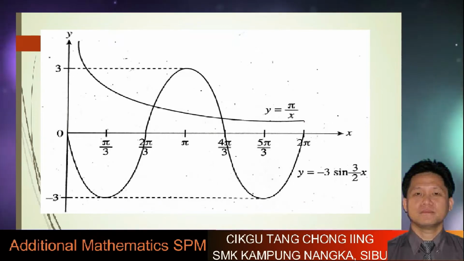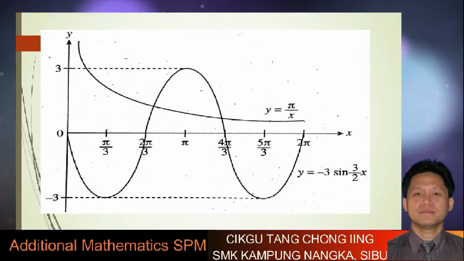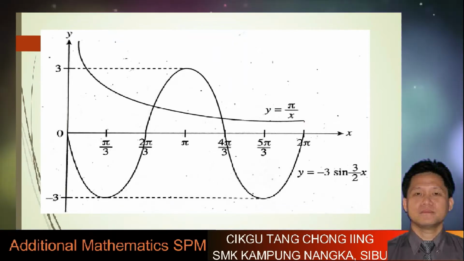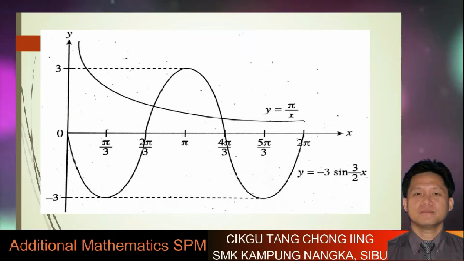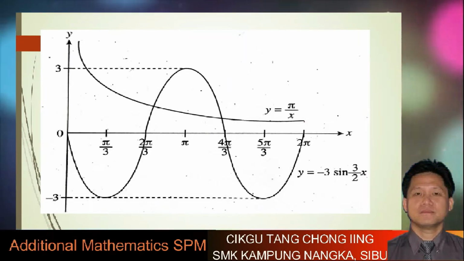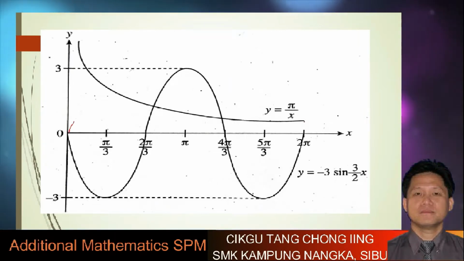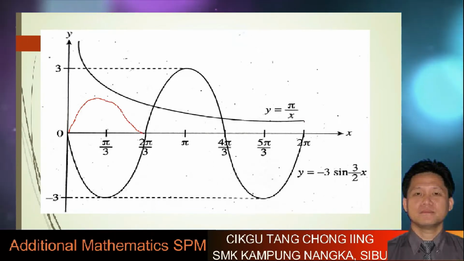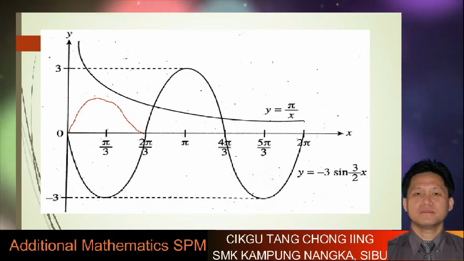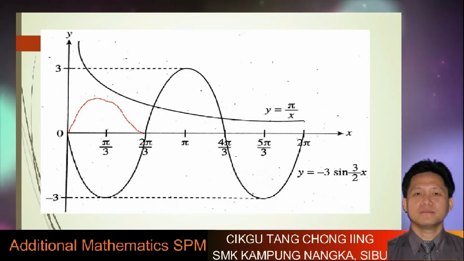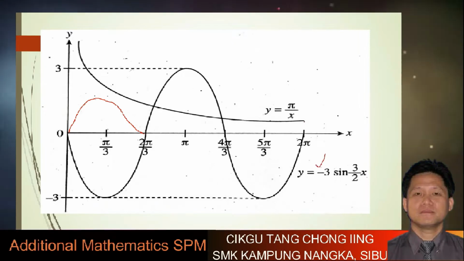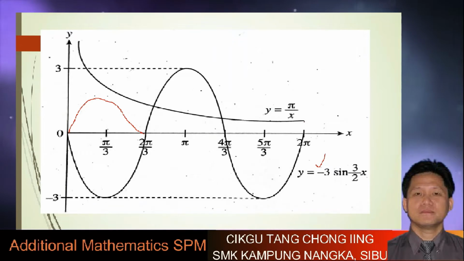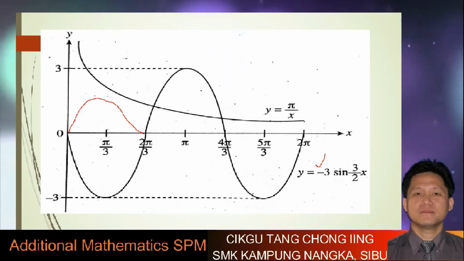Alright, then supposedly it is up here. Up here, the sine graph should be going up like this. Here should be going up like this. Correct now? Yeah. And then coming down. But because of the negative sign here, it is being reflected, then it comes down, right?